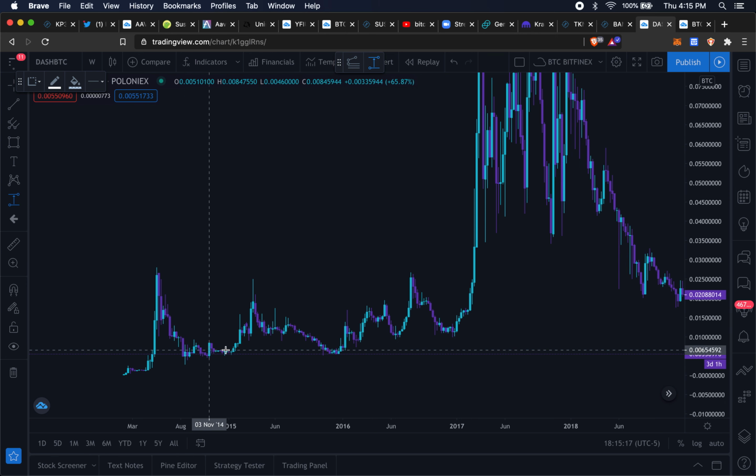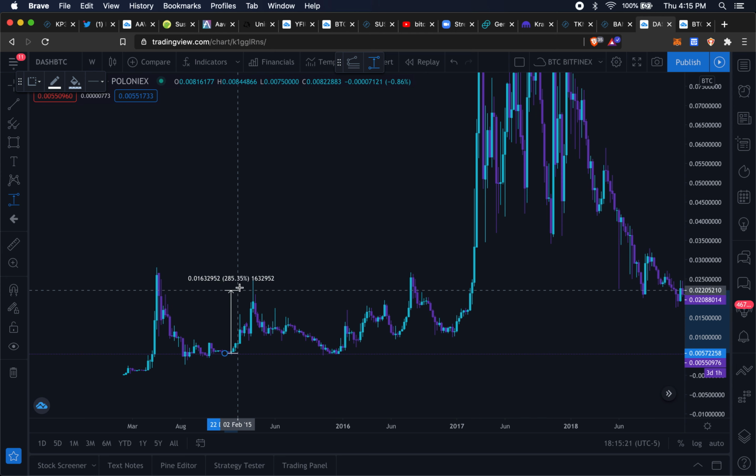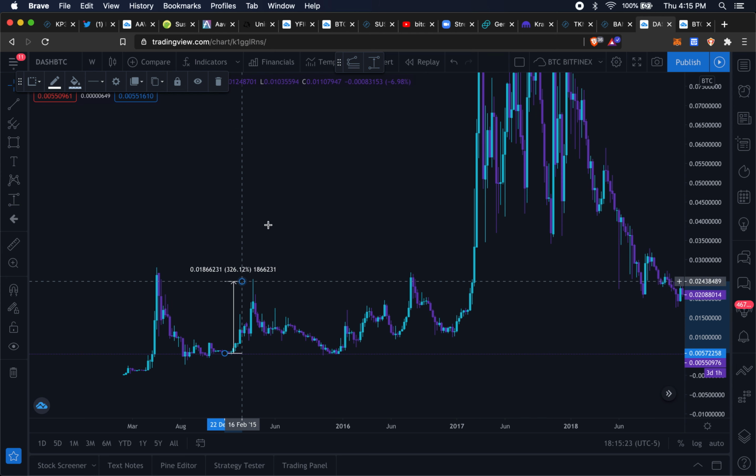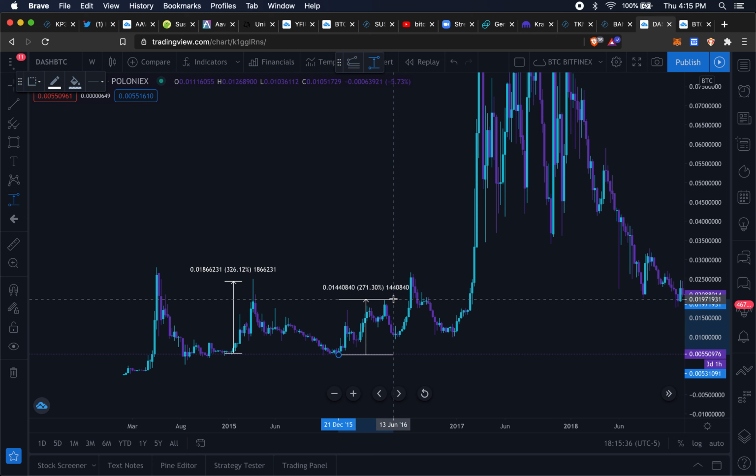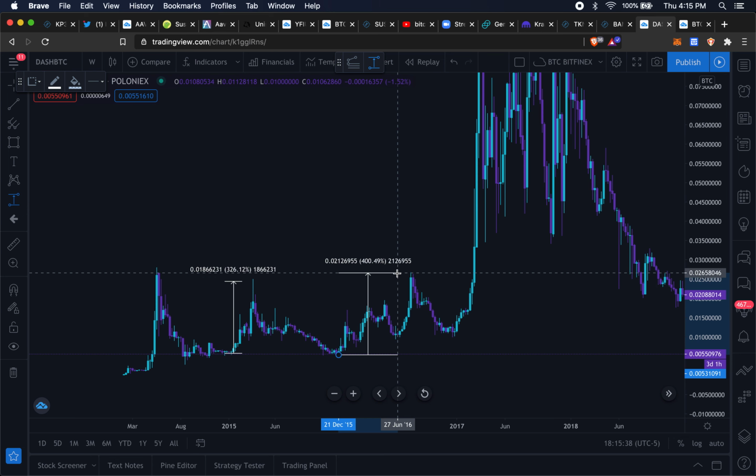You had this little accumulation on Dash right here in the end of 2014. You had a big move, 326% move, so you could have 4x'd your Bitcoin, turned one Bitcoin into 4. You had another accumulation here after this markdown, and we'll call this another cycle of 400%, another 5x.